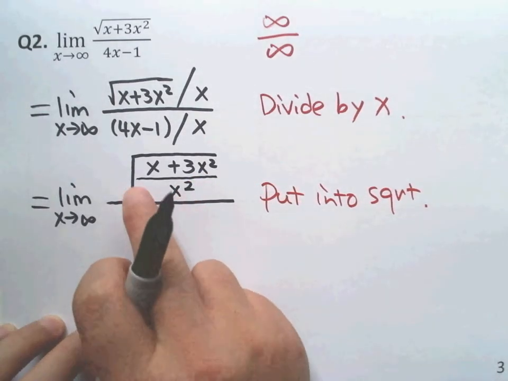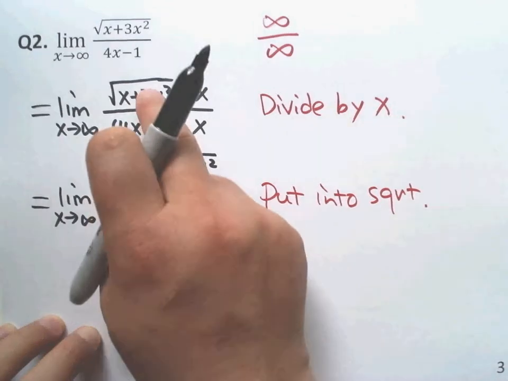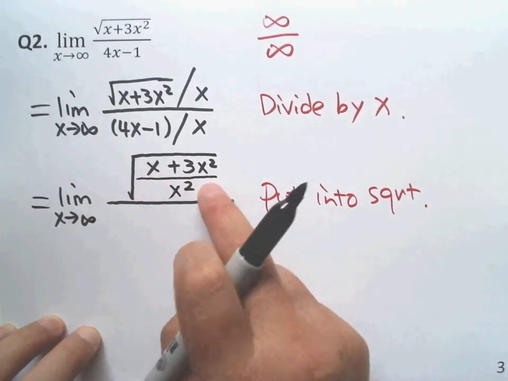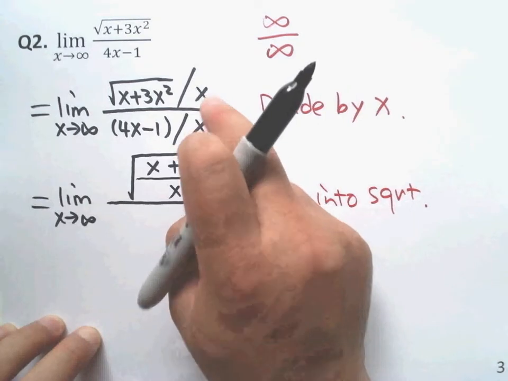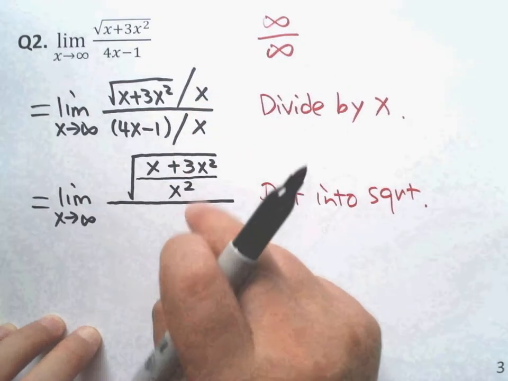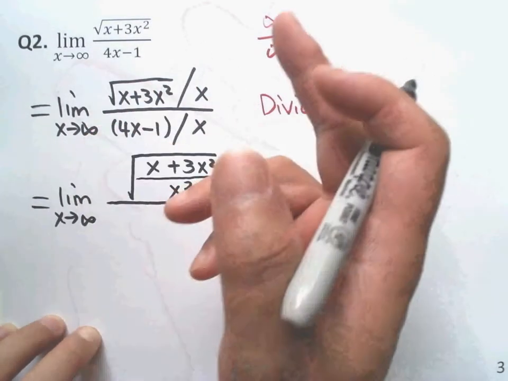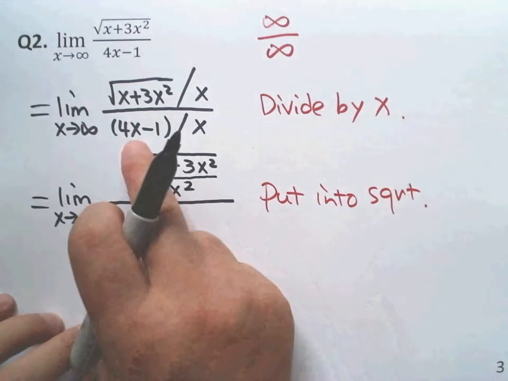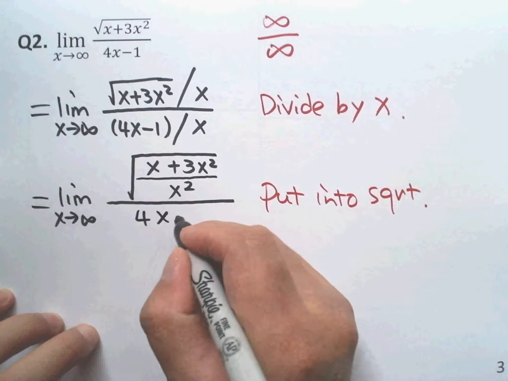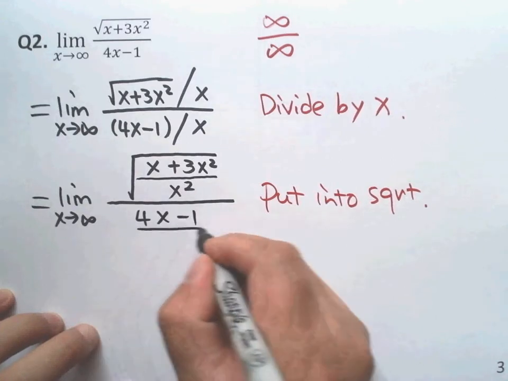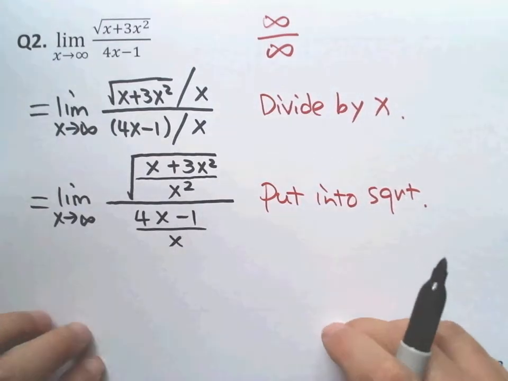You can imagine, the square root goes to the top as the original, and to the bottom as the square root of x squared, which is x. Keep in mind, don't make a mistake: x going inside becomes x squared. And of course, the bottom I just copy: 4x minus 1 over x.